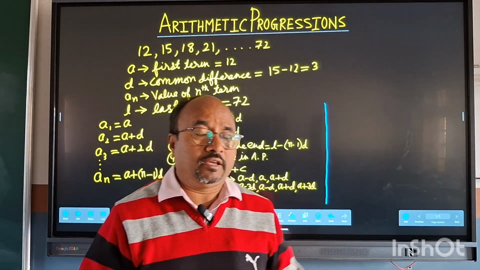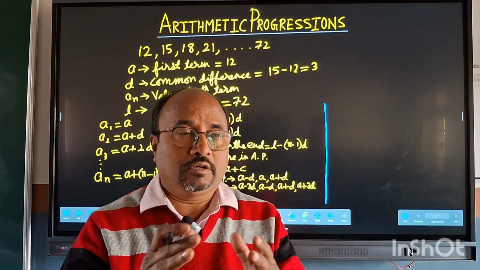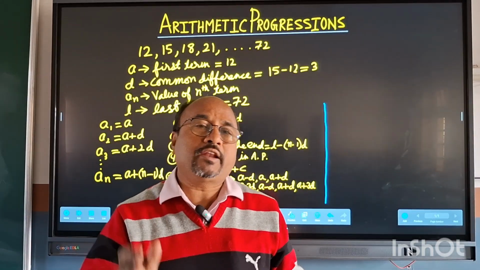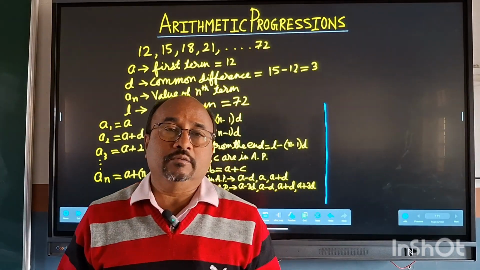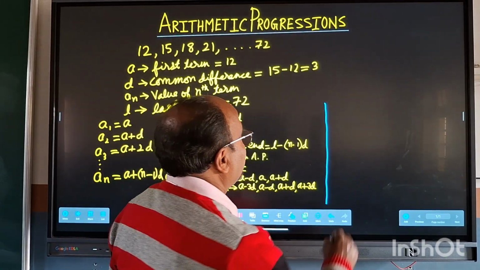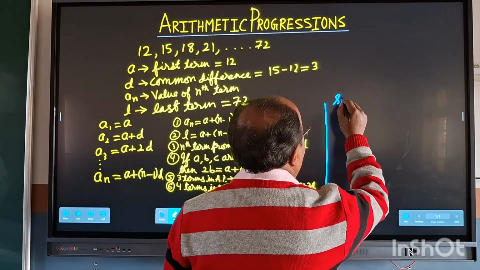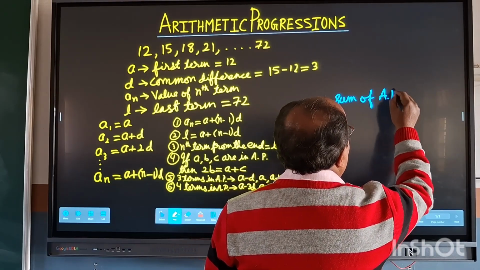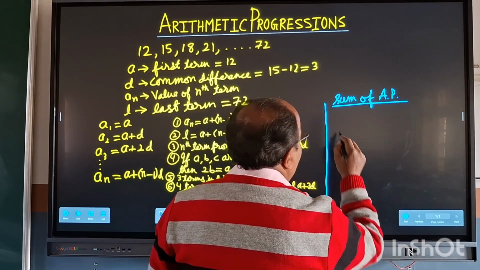Now we will see, if we have a sequence in AP and we add each of the terms, what will the sum be? So we will be finding the sum of AP.